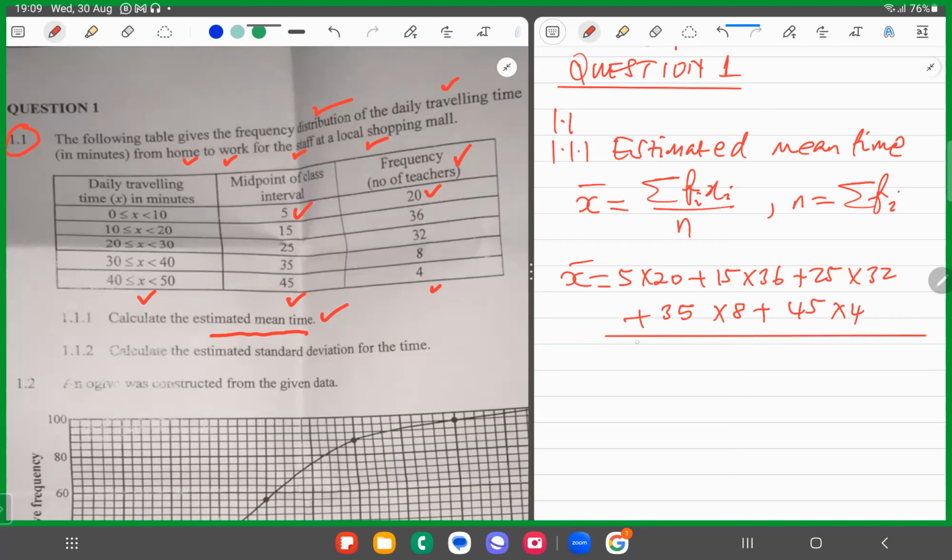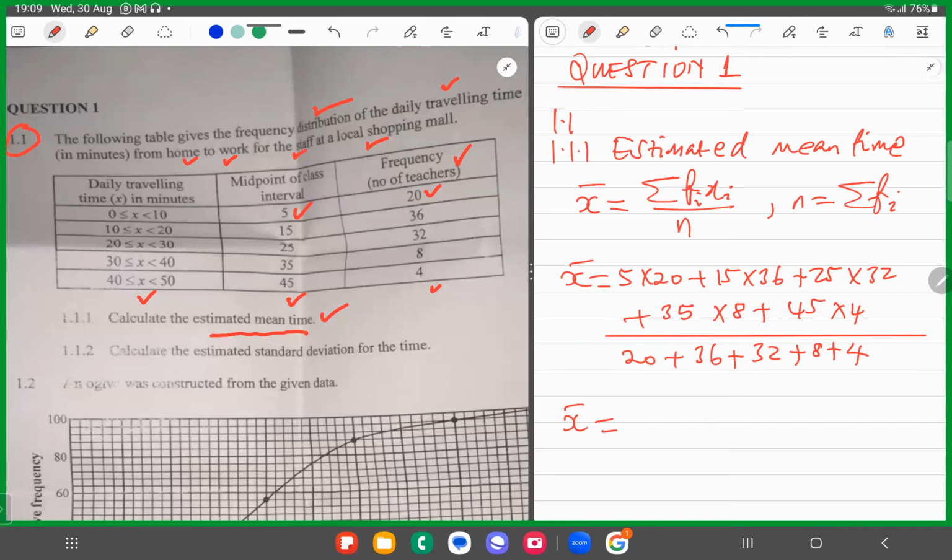You divide everything by the total. So the total of the frequencies is 20 plus 36 plus 32 plus 8 plus 4. And then it's going to give us X bar.